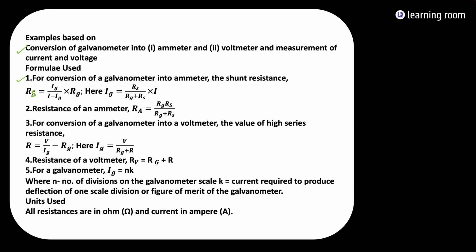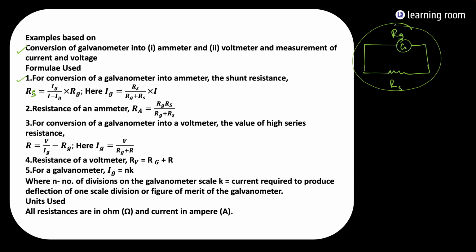Right. Next is what is the resistance of the ammeter itself? If you recollect the circuit, to the galvanometer you connect a shunt resistance like this, which I'll call Rs, and this is Rg. This whole thing is going to act like an ammeter.